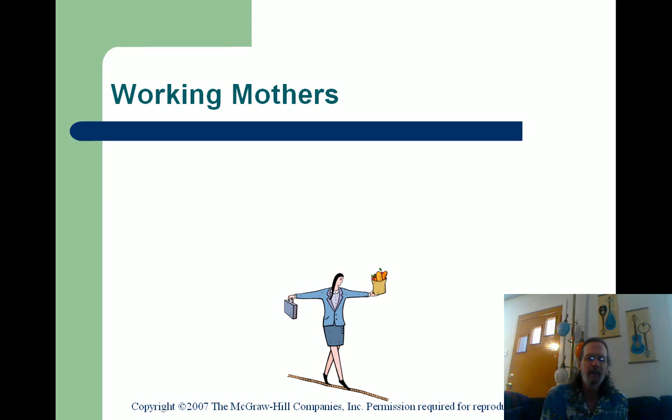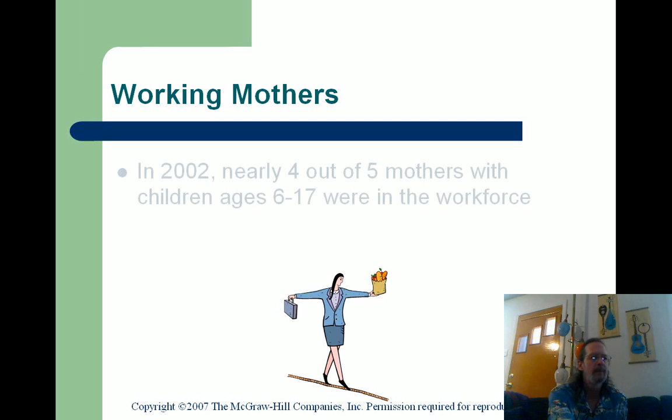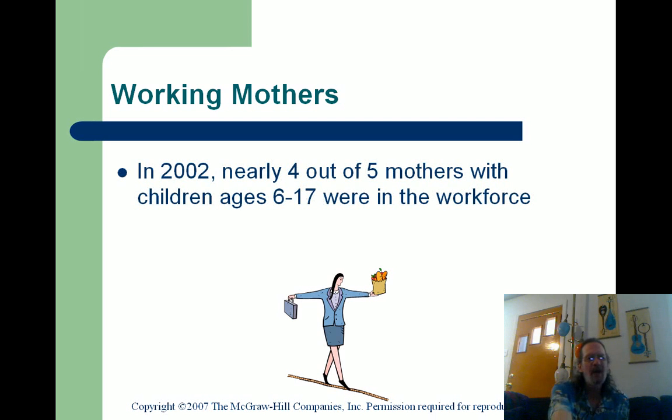But since that time, further research has indicated that what they were looking at was the fact that the first women to work tended to be poor women. So we were looking actually at effects of poverty and not whether mom worked or not. So now about 80% of moms with kids in the school age range are working.